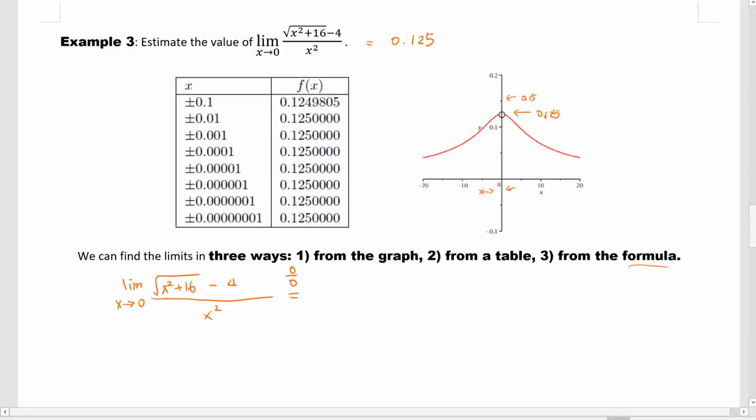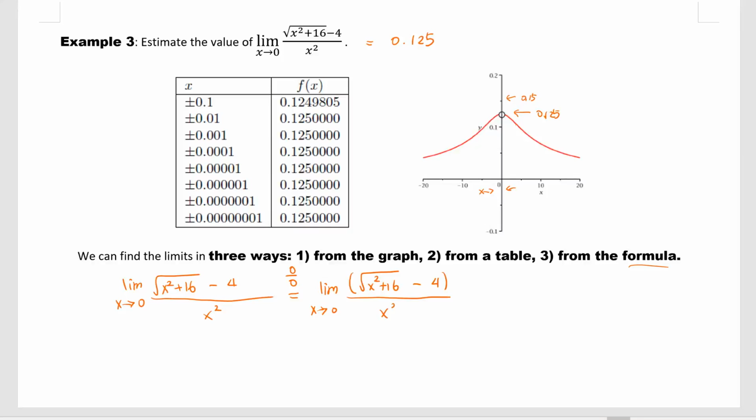Well, last example, we learned when we see a polynomial, we can factor it. But here, this is not a polynomial. We cannot factor it. What we should do is, well, this is the difference of square roots. So when you see difference of square roots, what do you do? You multiply by its conjugate.